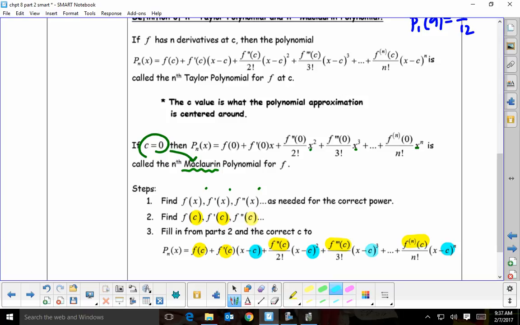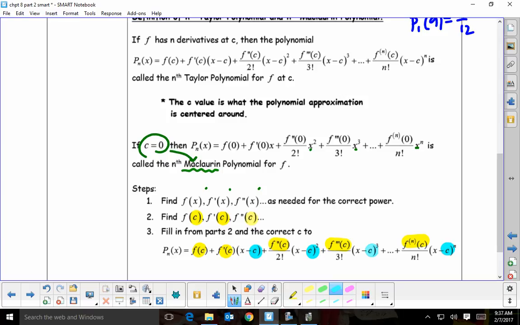The x is kind of like a constant that's always going to be in the formula, and the factorials will always be in the formula. So the things that change are what your C value may be and evaluating your original function's nth derivative at C.